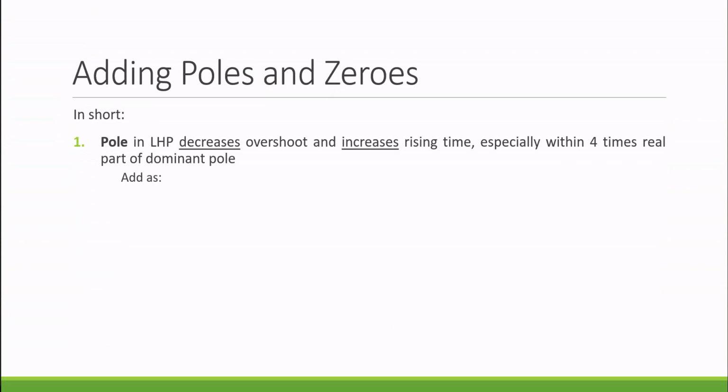All right, so to summarize, a left half plane pole decreases overshoot and increases rising time and peak time, and we'll see this happen significantly if it's within 4 times the dominant pole. How we're going to consider them is we're going to compare our baseline system with what happens if we have an extra pole in the denominator, and we'll add it in the form of s over negative p plus 1.